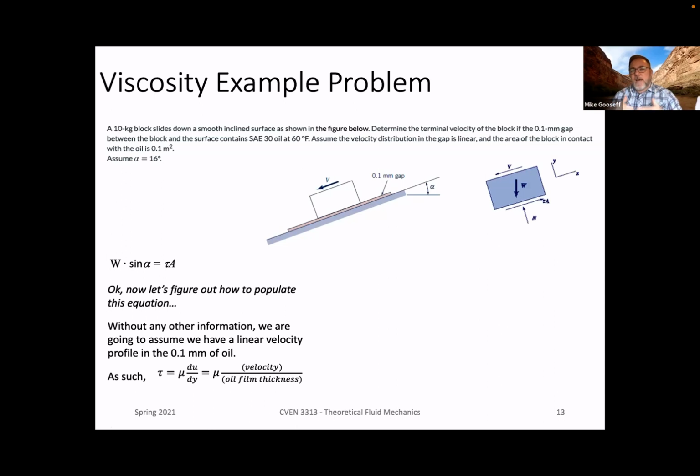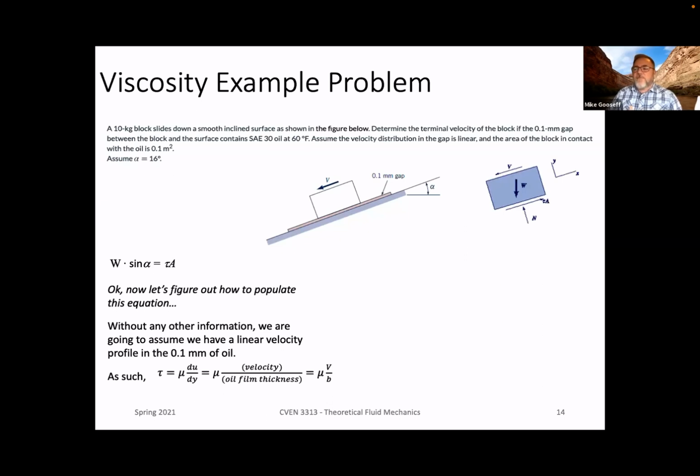And then in the denominator, we would go from 0.1 millimeter to 0. So if we subtract the 0 off, we basically end up with v over the thickness b, we might call that. So du dy is approximated by just saying what is the velocity at the top, because the velocity at the bottom has to be 0, and what is the thickness over which that velocity is changing. So we simplify this with v over b.